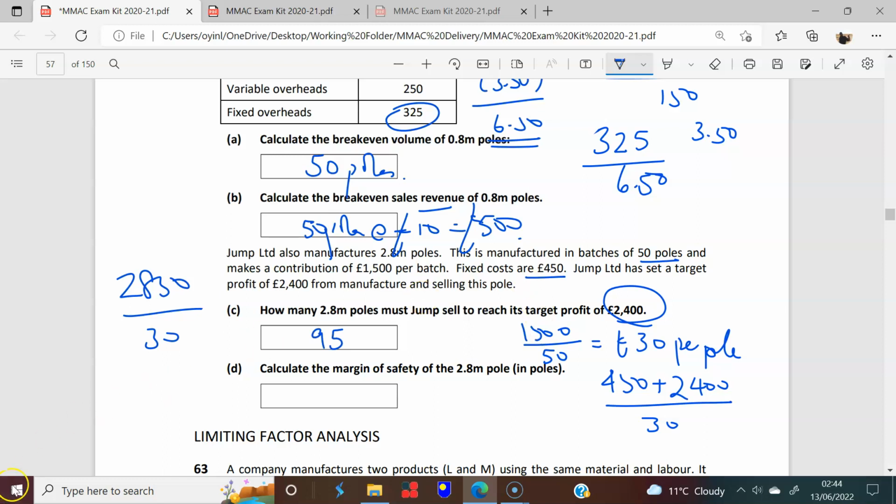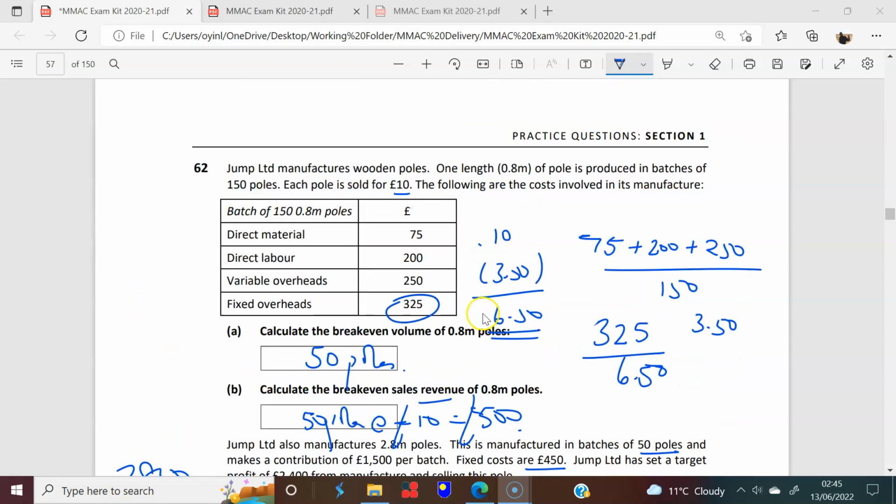That's the first thing. And with the margin of safety, what we're really doing is saying what is the relationship between break even and actual, what is break even and where we currently are with our target. And I think that's what I'm looking for.